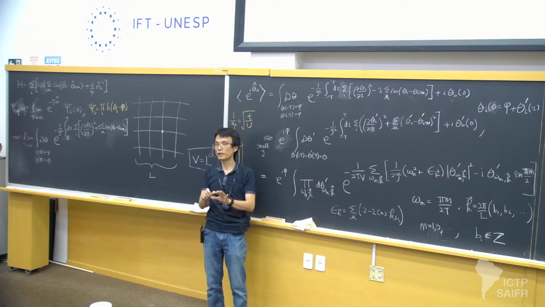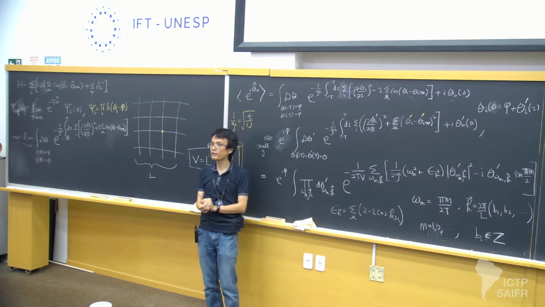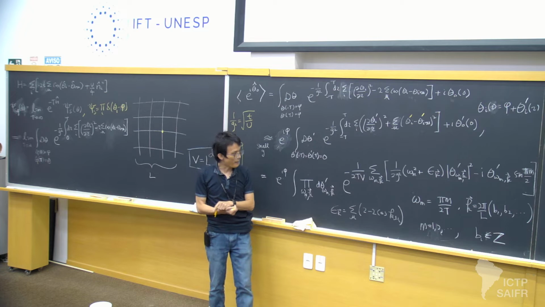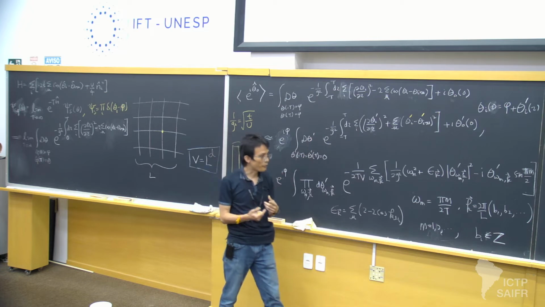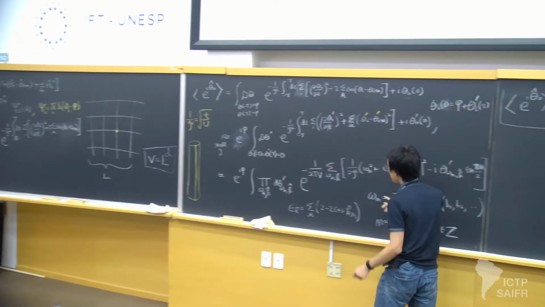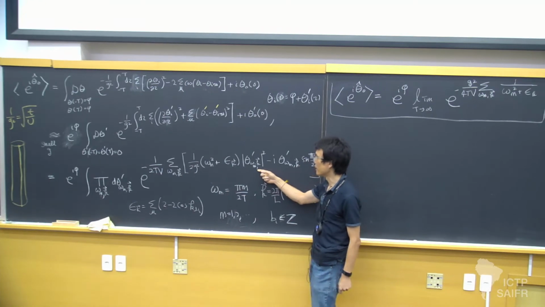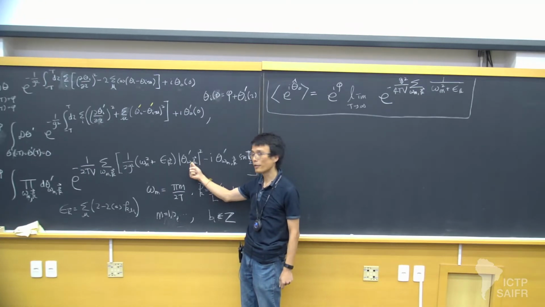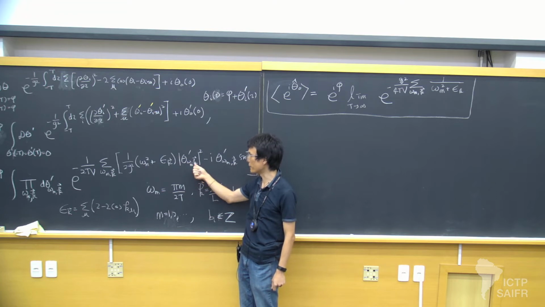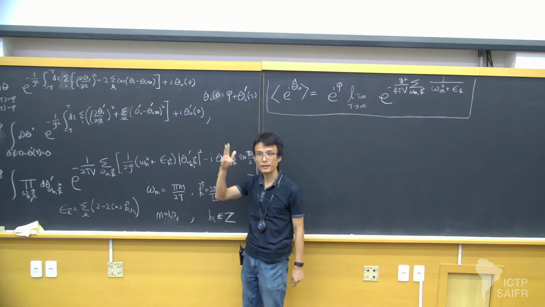Okay, so we did the Fourier transformation into frequency and momentum space. And in that frequency and momentum space, indeed, the same action becomes diagonal. There's no coupling between modes with different momentum and different frequency.